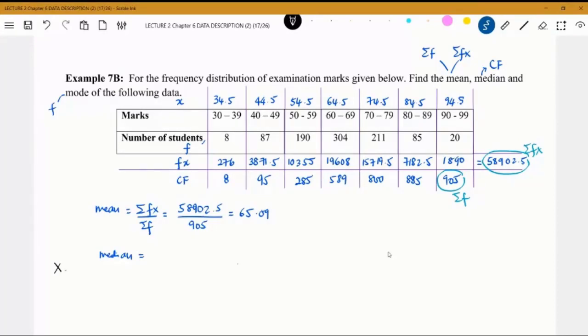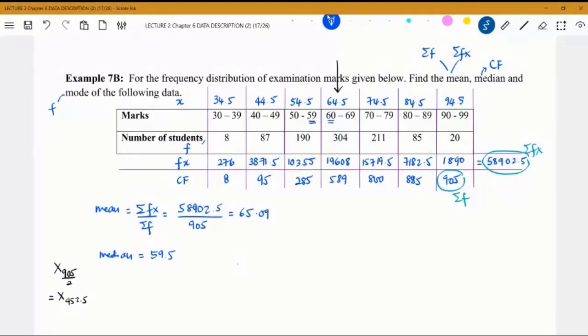To find the observation, 905 divided by 2, you are going to have 452.5. So 452.5 lies on this class, which is the fourth class. So your lower boundary, since we have a gap here, will be 59.5, which is 59 plus 60, divided by 2.